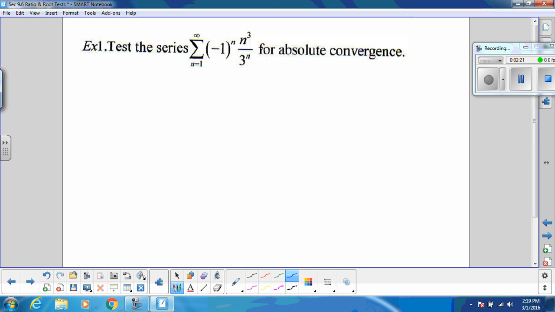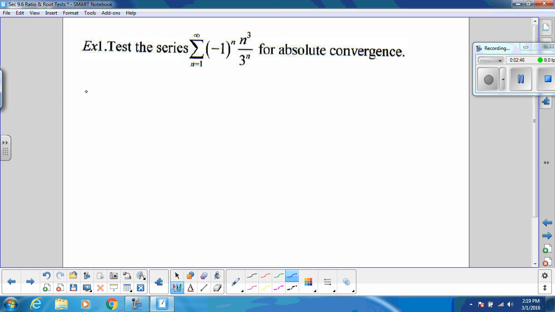So notice in this series that we have exponentials here. So this would be a great one to use for the ratio test. Okay, and notice even though it is an alternating series, we're going to have a little bit harder problem showing that first condition. So that's why this ratio test is very useful.